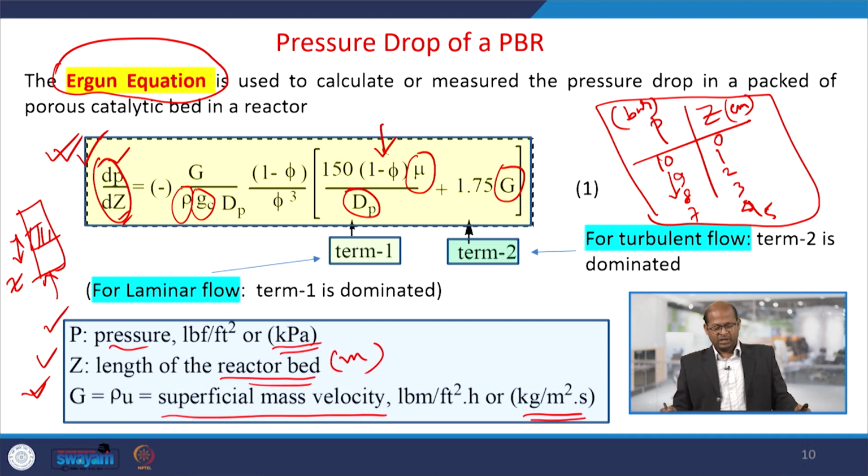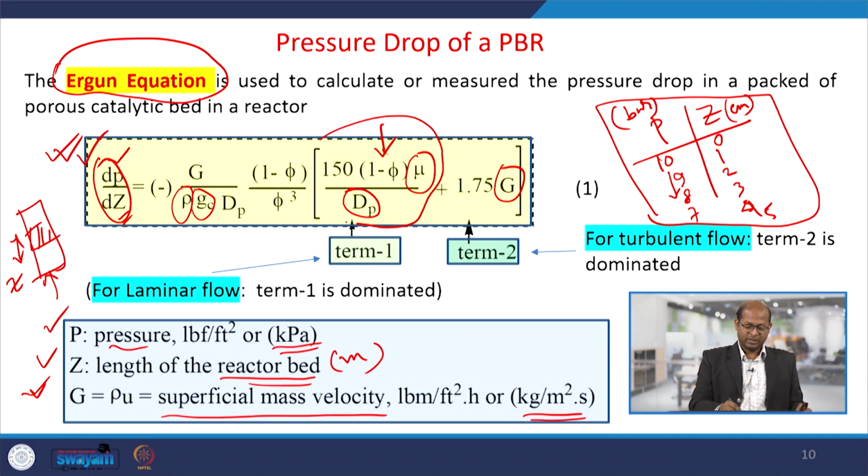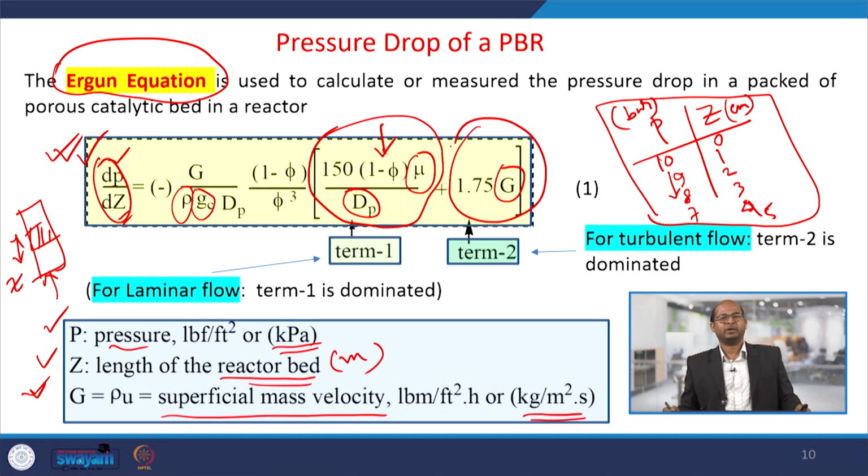Here, there are two terms in this Ergun equation: this term is called term 1 and this term is called term 2. I have written term 1 and term 2 clearly. Term 1 dominates for laminar flow, when the gas is flowing through the bed of the reactor.